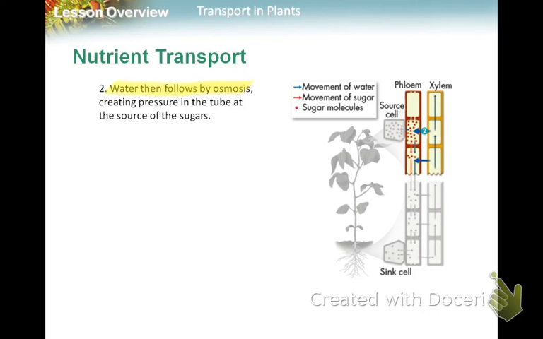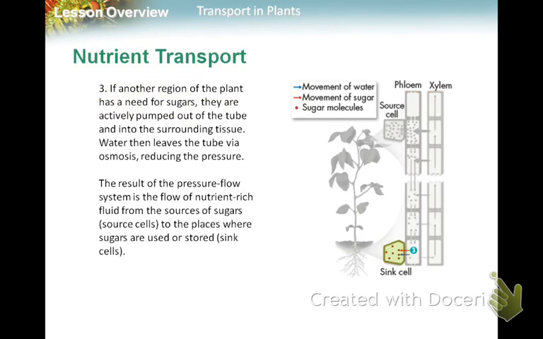We talked about this with root uptake of water and nutrients. And this creates pressure in the tube at the source of the sugars, which is in the leaves. If another region of the plant has a need for sugars, they're actively pumped out of the tube and into the surrounding tissue. And then water leaves via osmosis, which reduces the pressure.